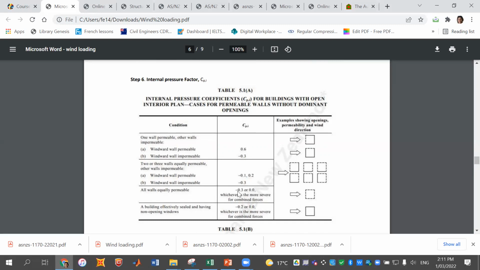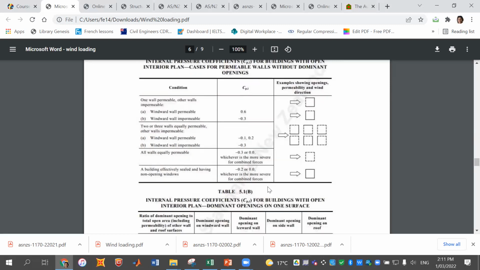If you have this case, for example, where it says this or that, it means you have to calculate for both of them separately. So you analyze and design your structure for minus 0.3, and once more you calculate and analyze it for 0, and see which case will be critical, or applies more load or pressure on your building.